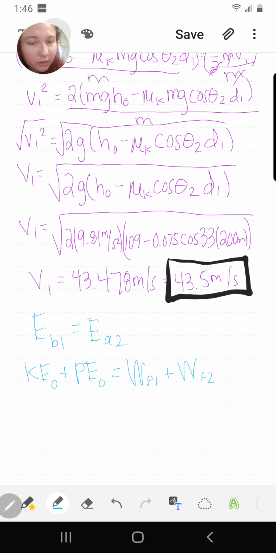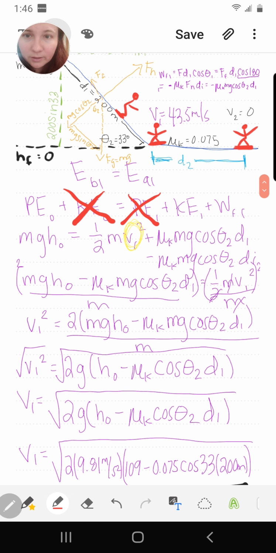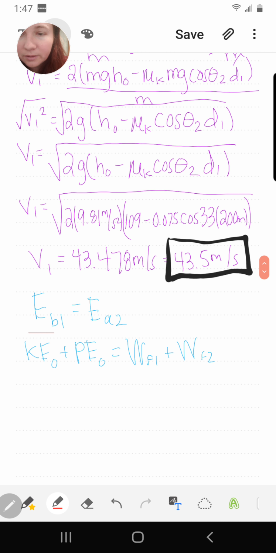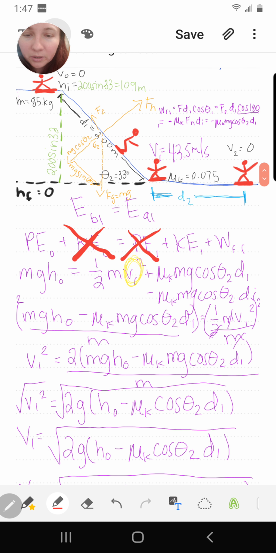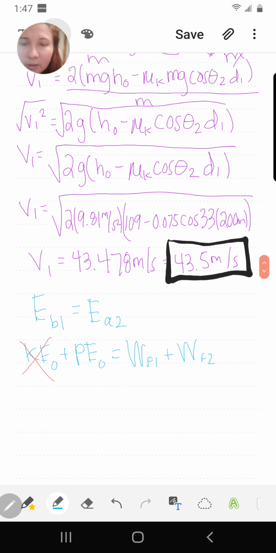Okay, so let's figure out what cancels out. Well, we know that the kinetic energy is 0 because there's a 0 initial velocity. But we do need the initial potential energy because we have a height up here. We're going to use that to solve the problem. So our initial potential energy is just mass times gravity times the initial height.